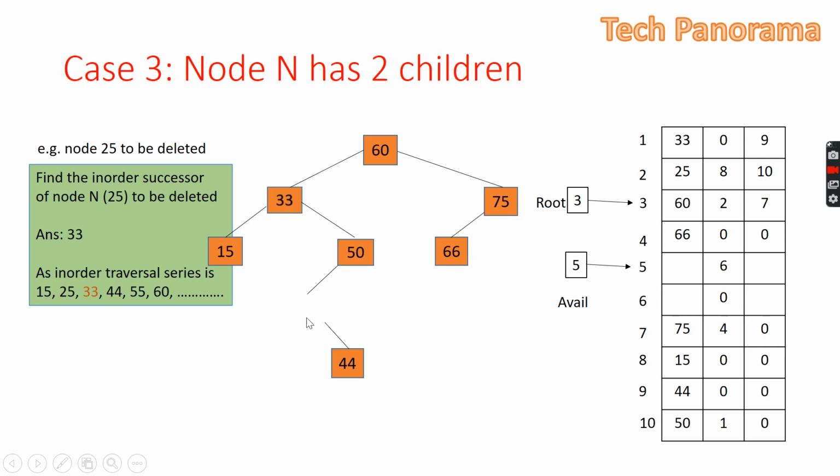As the 33 has only one child, the 44 will take its place. But if it has two children, then we will place 44 in place of 33, because 44 will be the next successor of the 33.